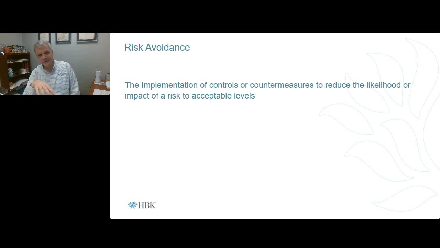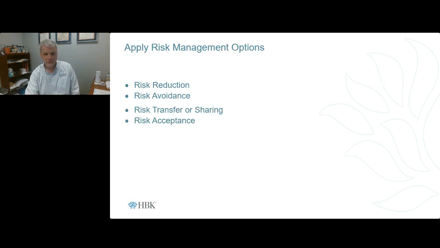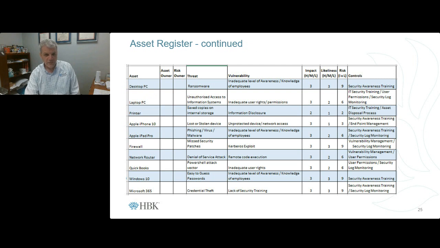The next outcome would be risk avoidance. This is basically, I don't want to deal with this, so we're not going to do X, Y, Z, or whatever it is. Now that's going to be possible in some situations and impossible in others. If you go back to our earlier risk table, if we have Microsoft Office 365, which is our email, we've got a higher risk.